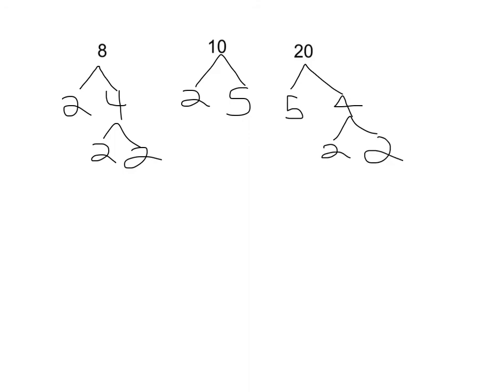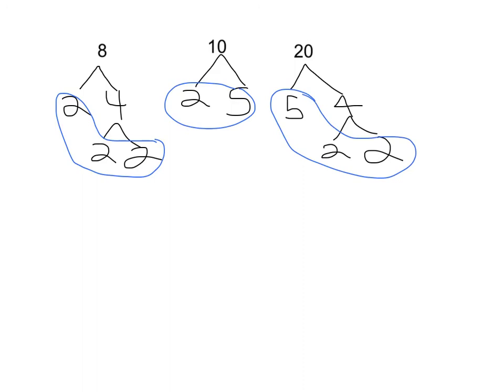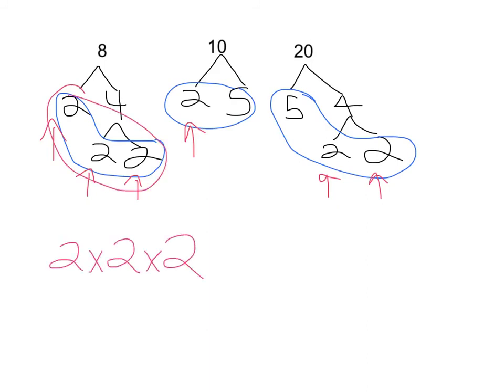Okay, when we're looking at our prime factorization, we're looking for where numbers happen the most often. So with the 8, there are 3 2s, in 10 there's 1 2, and in 20 there are 2 2s. So we get the one where it happens the most often. We're going to start with 2 times 2 times 2.